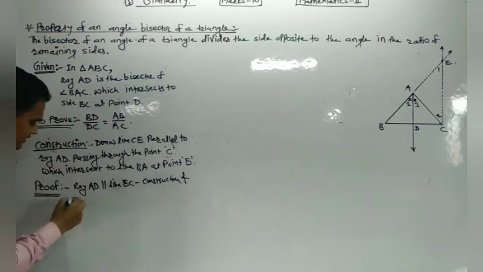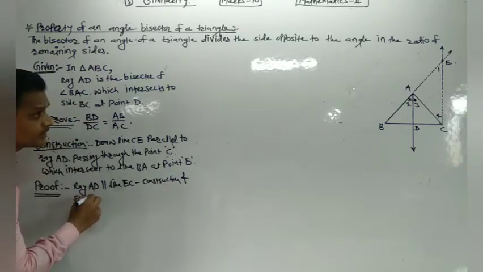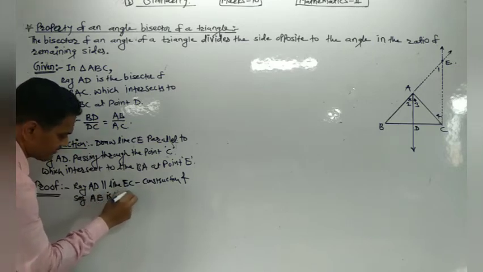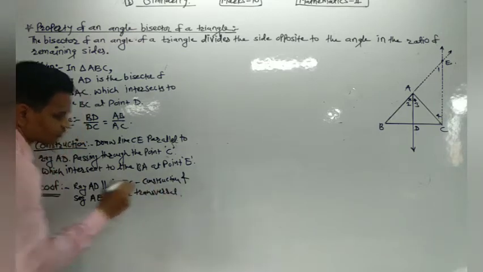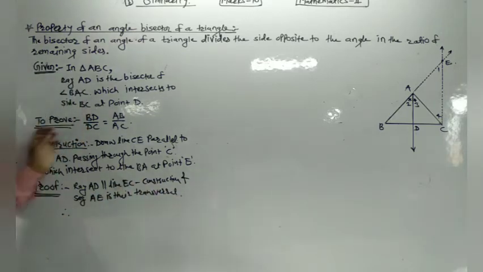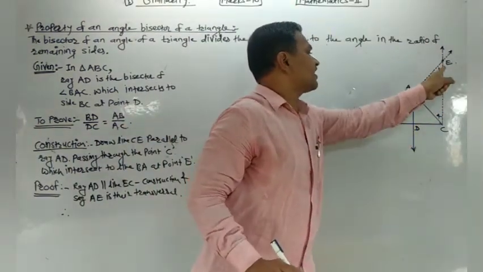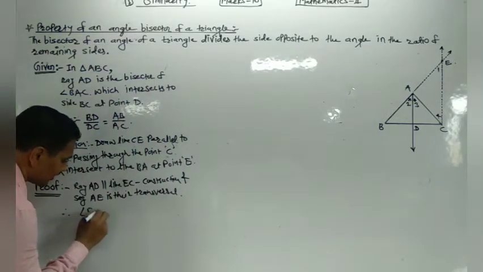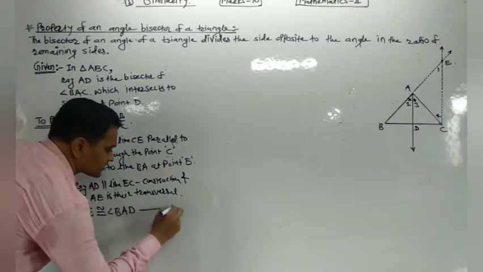The construction. And AE is the transversal. Therefore, we say that angle number 1 is congruent to angle number 2. Means angle E is congruent to angle BAD. This is step number first.